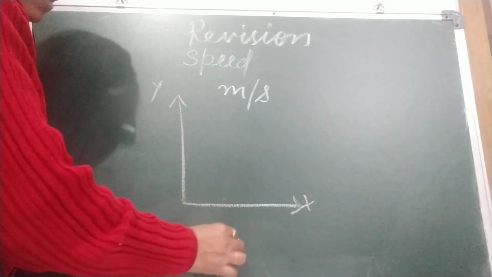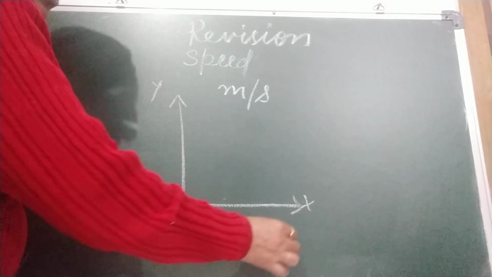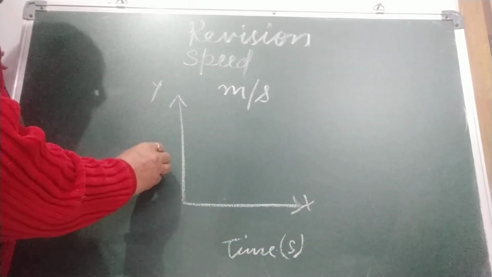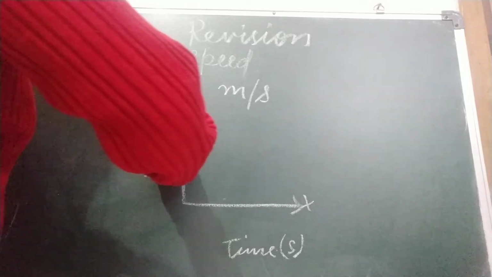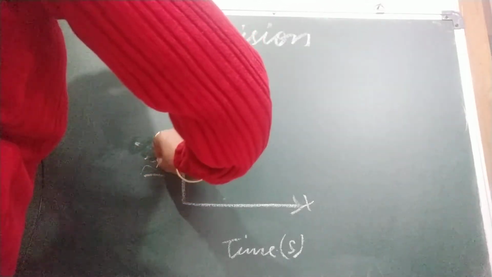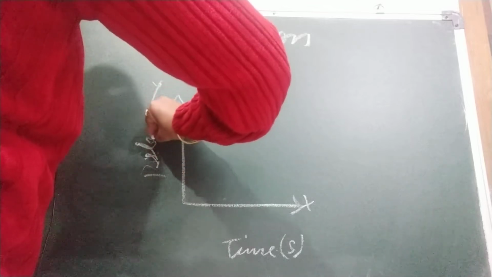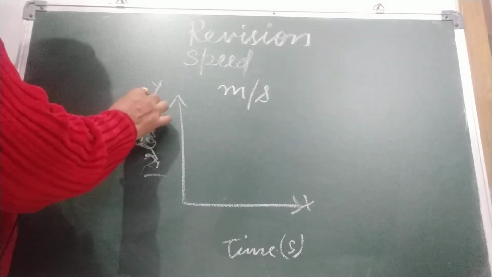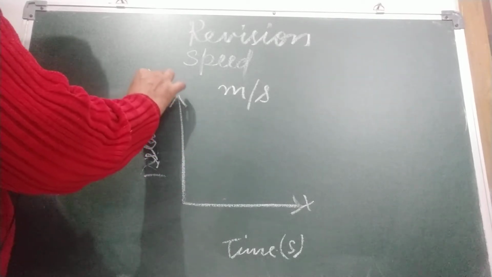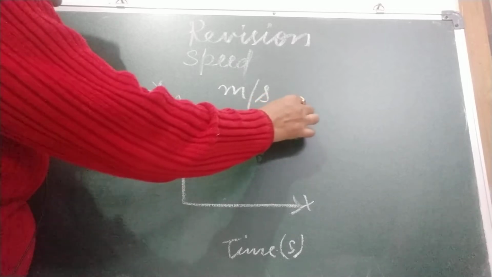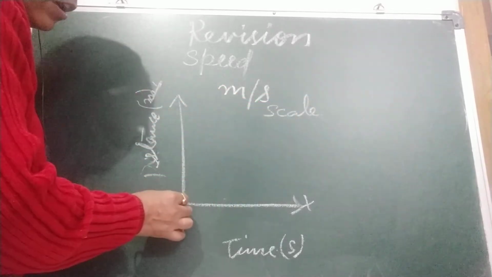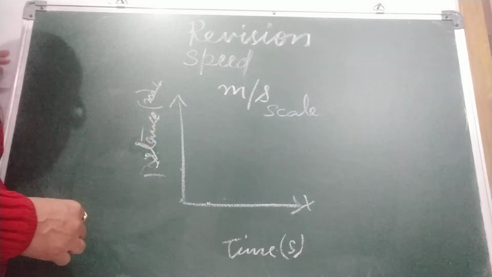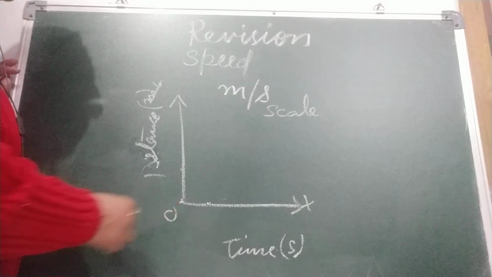You take time on the x-axis, in seconds or minutes. Here on the y-axis you write distance, and you take distance in meters or centimeters. Then you need to take the scale, that one block is equal to how many seconds or how many meters or centimeters. We always begin with 0.